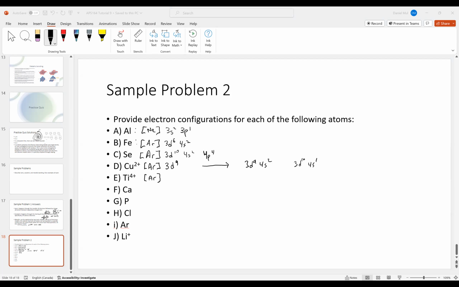Yeah, you take off the S. So it's going back to what I was trying to say earlier, the S is your bonding, your D is more stable. So you'd get 3d10 on the end for copper 1 plus.